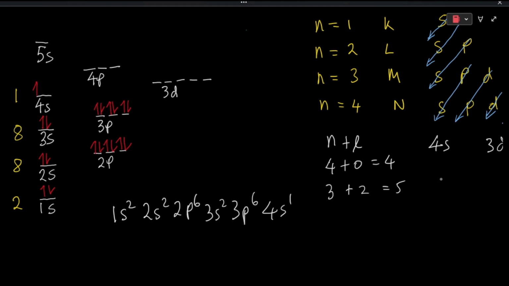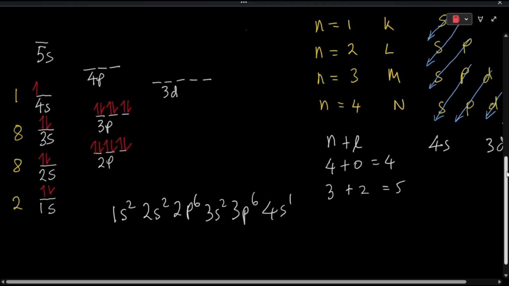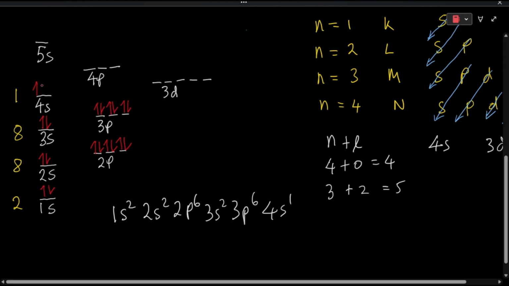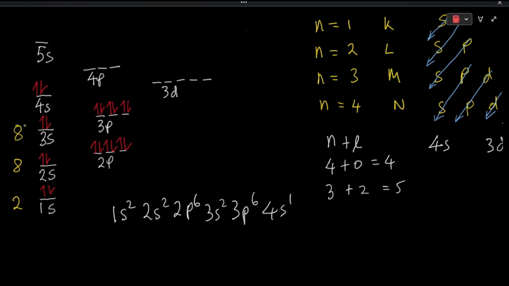Now, if we are to go one step further to find the electron configuration of calcium, calcium is the 20th element on the periodic table. And so with calcium, it would require adding 1 electron to the 4s orbital to get this. And that will mean that the electron configuration would change to 2, 8, 8, 2.